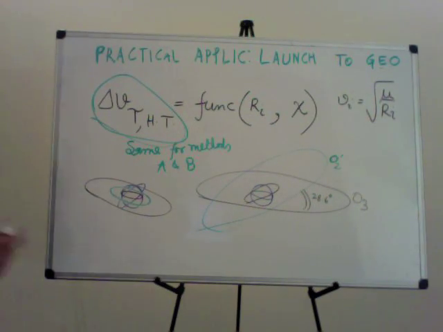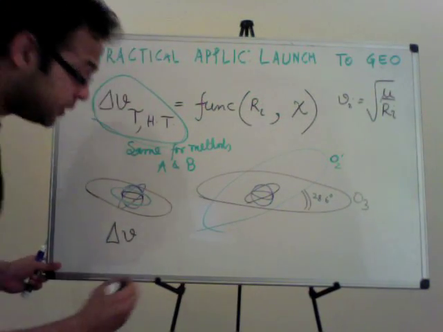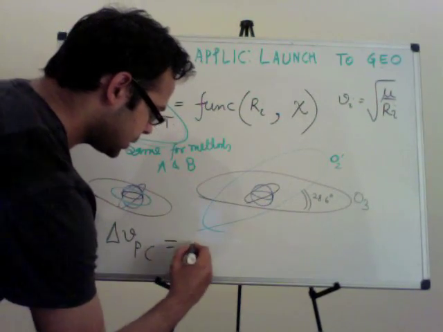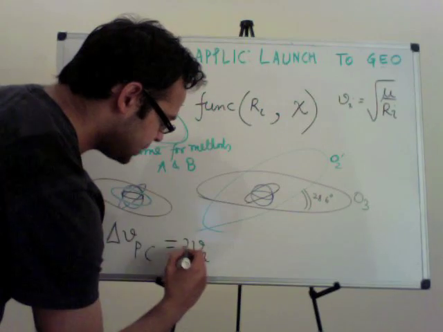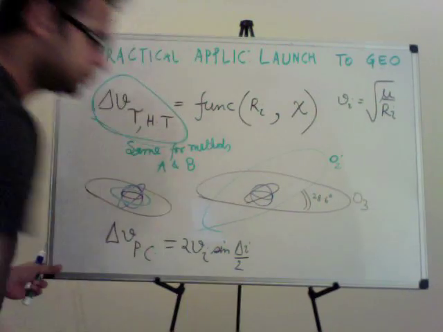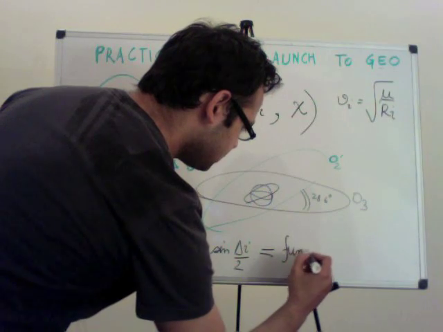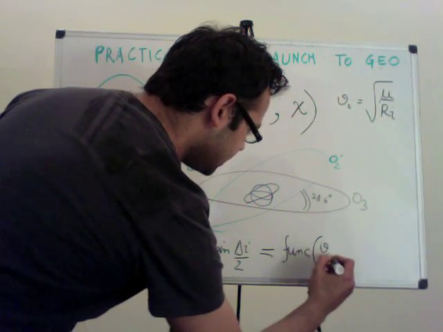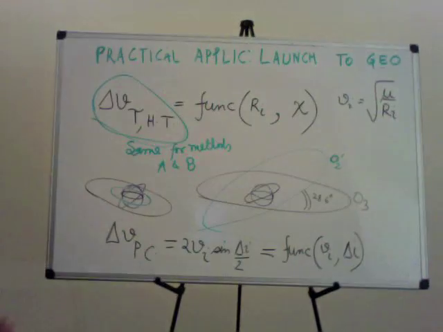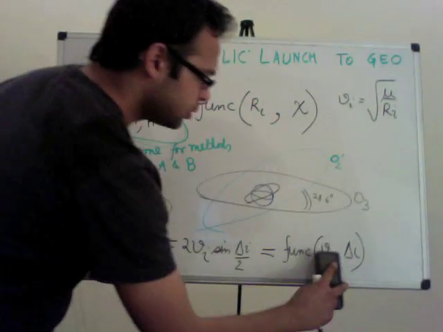Alright, now delta V plane change is 2 times Vi sine delta I over 2. So this is a function, once again, of Vi and delta I. But Vi is a function of Ri just like before.